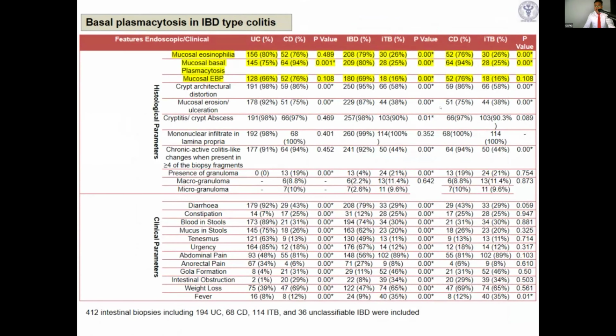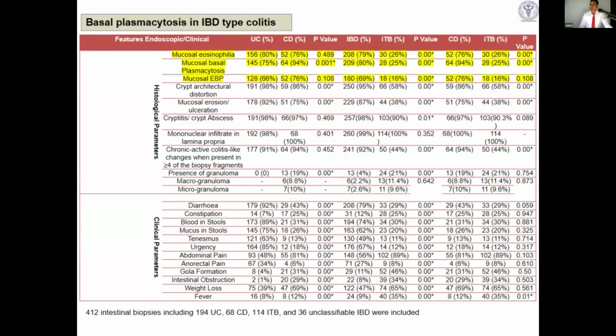That was followed by another study by us. Now you can see that this is IBD type colitis and non-IBD type colitis. We included intestinal tuberculosis because it is the most common type we see. And you can see the mucosal basal plasmacytosis really helps in many instances to differentiate an IBD and non-IBD type colitis. And if you see eosinophils along with basal plasmacytosis, that also helps to ascertain if it is IBD type of colitis or not.